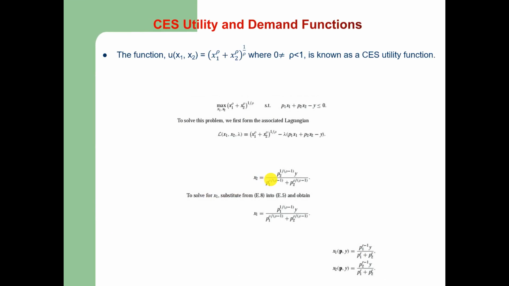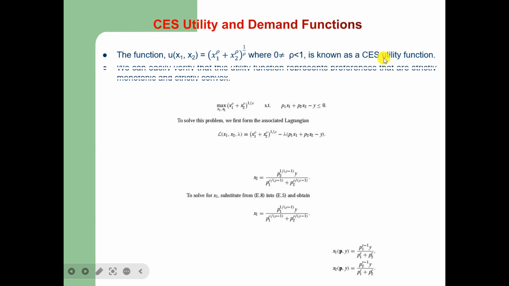There is another important utility function that is known as CES, that is constant elasticity of substitution, and this function is given by u as a function of x1 x2 is equal to x1 raised to the power rho plus x2 raised to the power rho whole raised to the power 1 minus rho, where 0 is not equal to rho is less than 1, and this is known as the constant elasticity of substitution utility function.